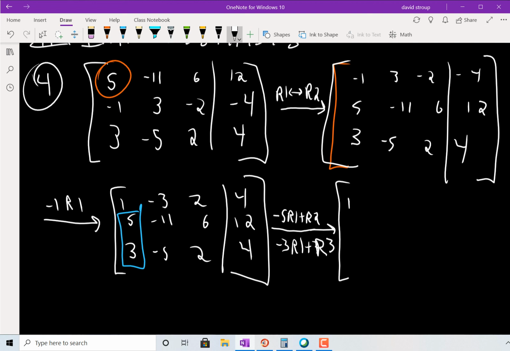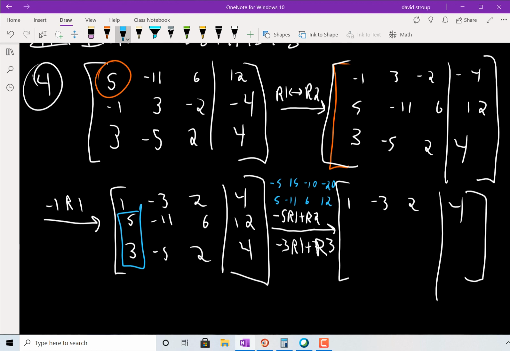And what do we get? So 1, -3, 2, 4, and then I got to do some arithmetic. -5, 15, -10, -20, plus 5, -11, 6, and 12. The other guy, -3, 9, -6, -12, and then 3, -5, 2, and 4.